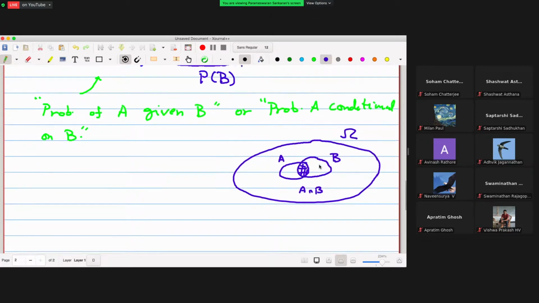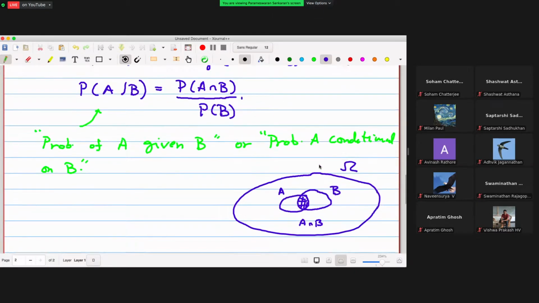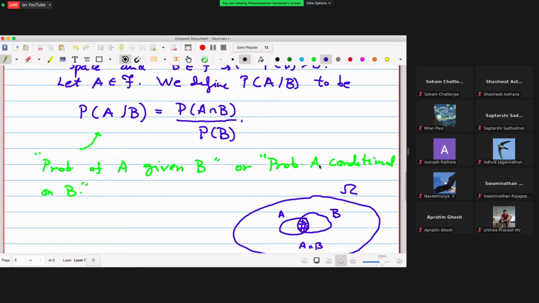That is why you have the probability of A intersection B, and this one is the normalizing factor.